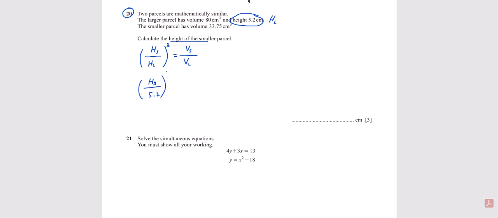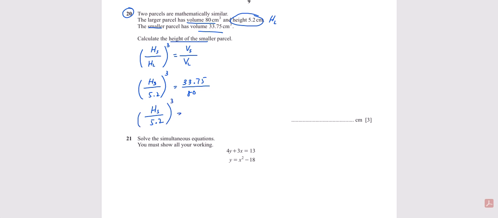The volume of the small parcel is 33.75 divided by the volume of the large parcel, 80. So HS divided by 5.2, whole cubed.